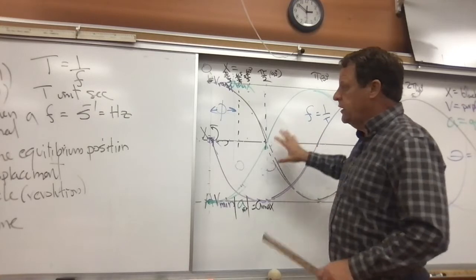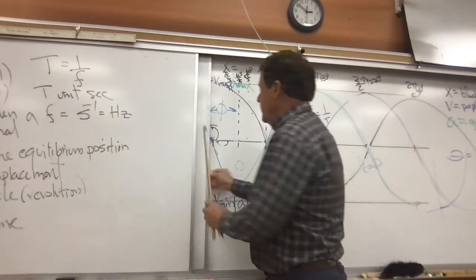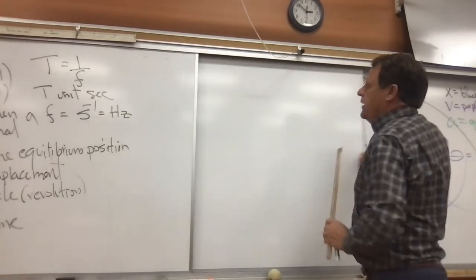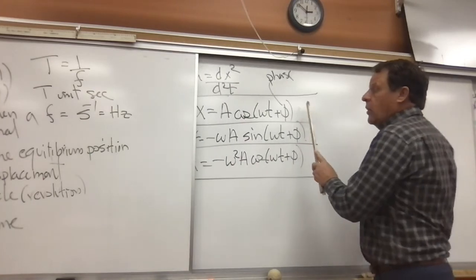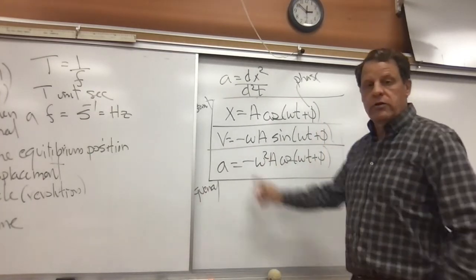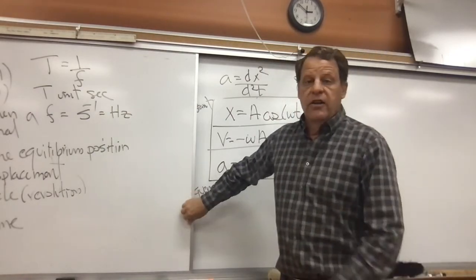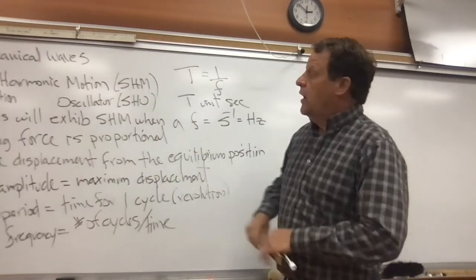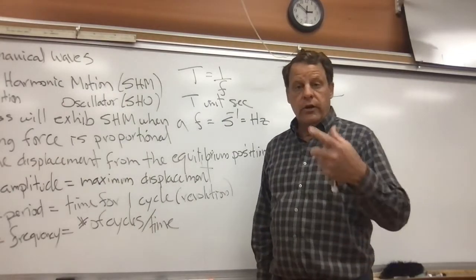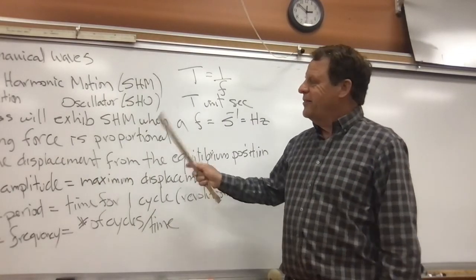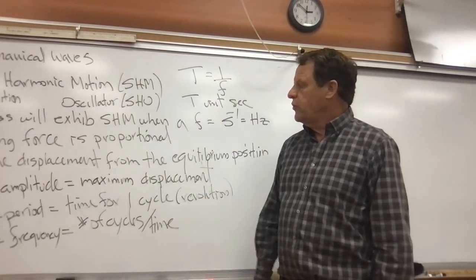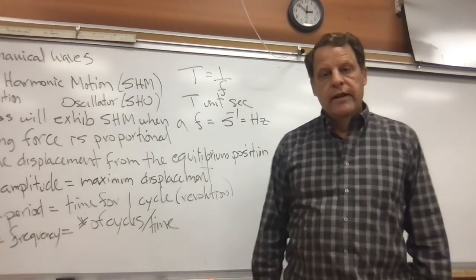Now, this corresponds to our 3 basic equations for position, velocity, and acceleration. And this is in accordance with a simple harmonic oscillator or simple harmonic motion, because in simple harmonic motion, we're going to have a restoring force that is proportional to the displacement.